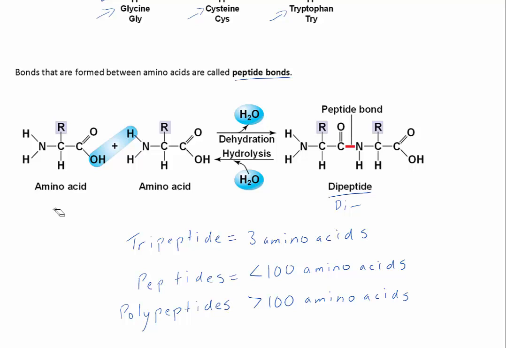So this illustration shows two amino acids which are going to join together to form a dipeptide through a dehydration reaction. So the same for other biomacromolecules.